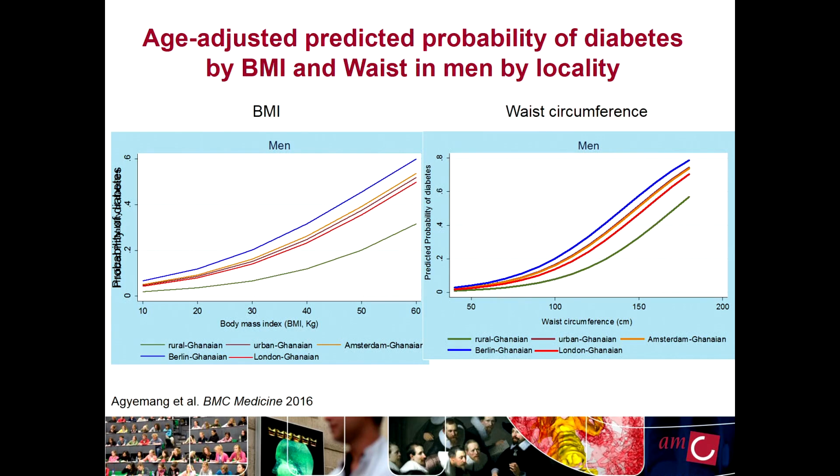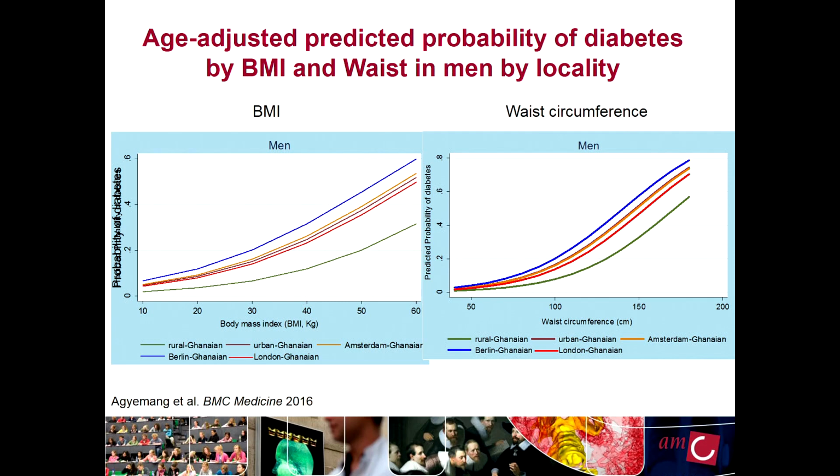So as Dr. Malik also explained, there are ethnic differences in the relationship between obesity and health outcomes, such as diabetes. What we see here is, on the y-axis, the probability for diabetes, and on the x-axis, the BMI.